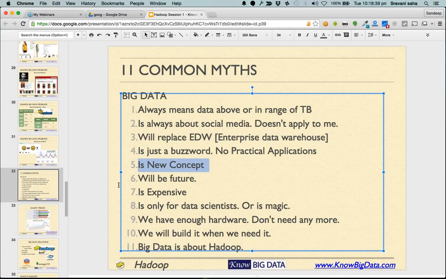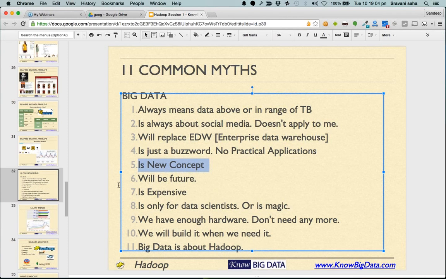Another myth is that it is a new concept. No, it has been there. As I just explained, at DE Shaw we were handling petabytes of data quite a long time ago. Since 2002 we were handling thousands of terabytes of data, and that was very surprising to lots of people.